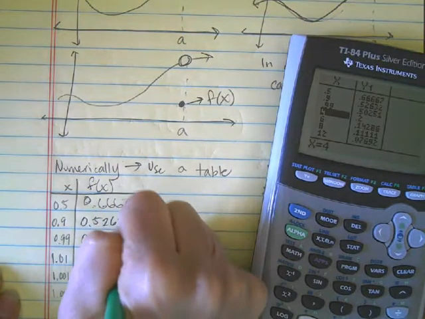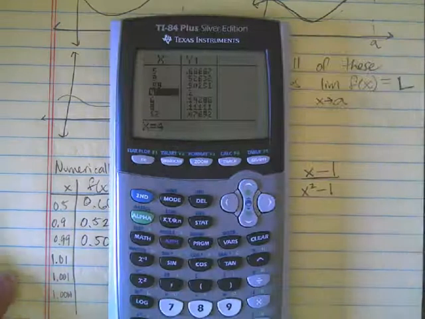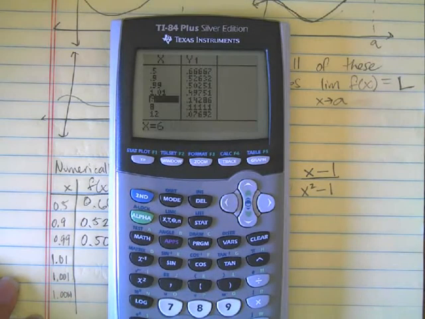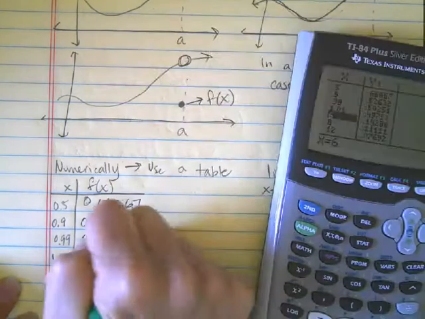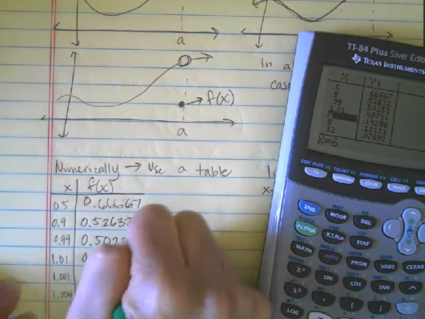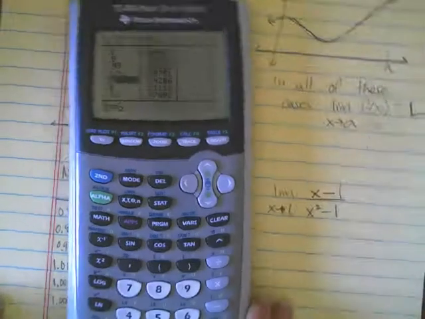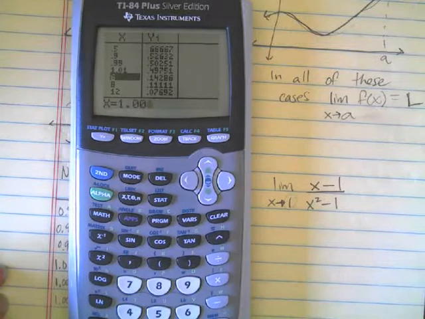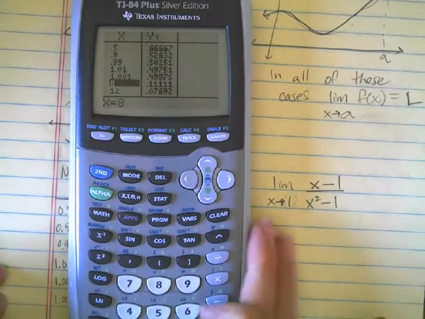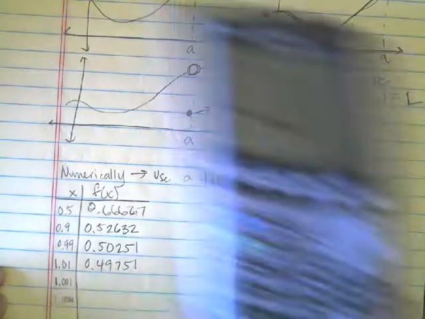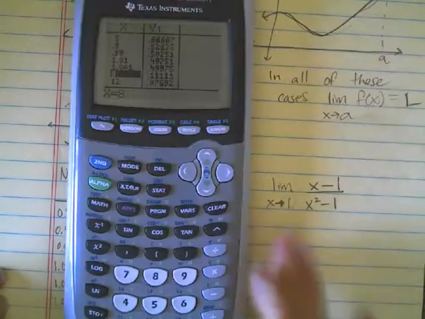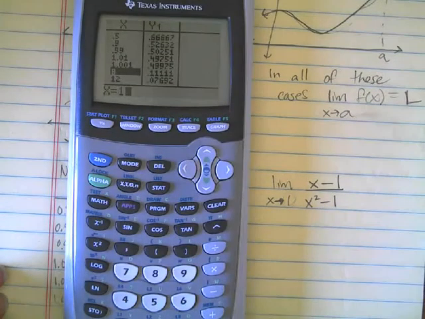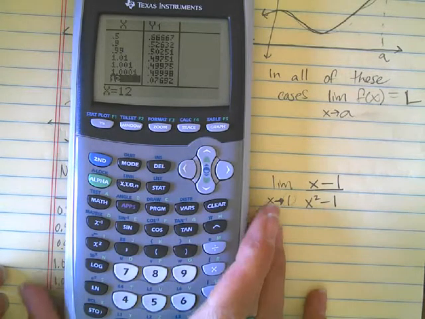Now I'm going to type in 1.01, which gives me 0.49751. Then 1.001 gives me 0.49975. And then 1.0001 gives you 0.49998.